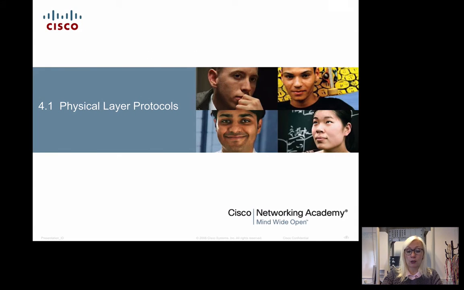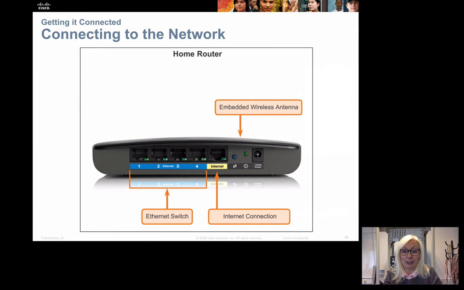So let's just start by looking at the physical layer. If you have, for instance, a router at home, you will see that you have different types of interfaces, and you can connect different types of media into your router. It could be an internet connection, which could be a cable like this, or a fiber optical cable.